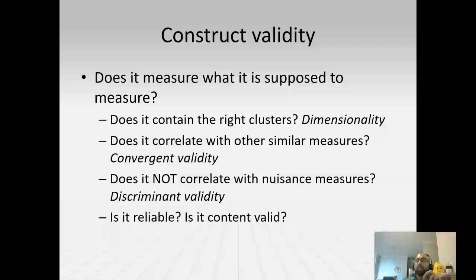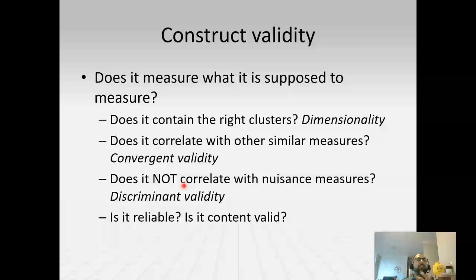However, their scores on your new test of math ability should not correlate with measures of test anxiety. People who have a lot of test anxiety should not score worse on your math test. We call that discriminant validity. This is checking whether your measure correlates inappropriately with nuisance measures like anxiety.